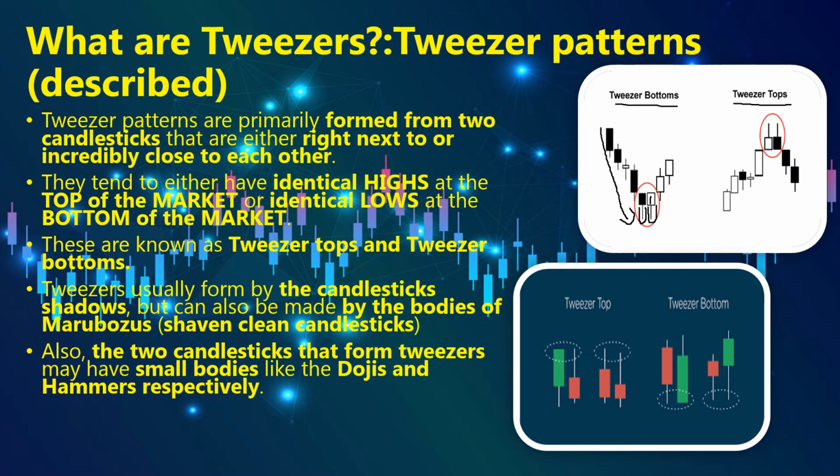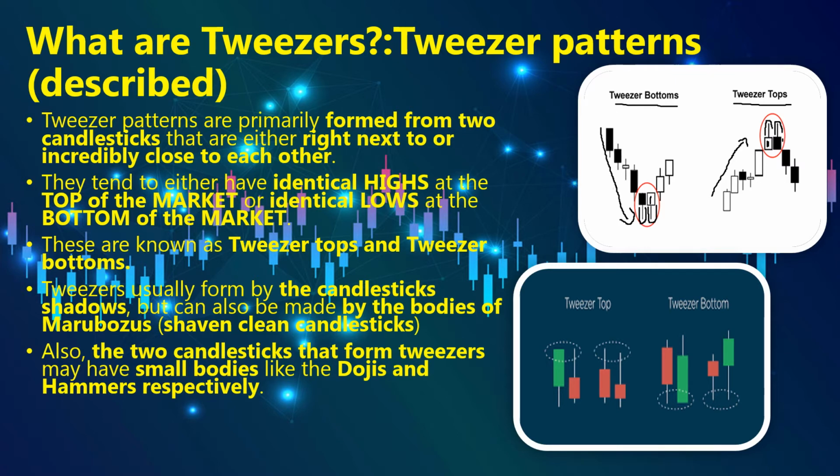And the other one, tweezer tops. At the end of an uptrend, you see a bullish candlestick with an upper shadow, followed by a bearish candlestick with an upper shadow. That's tweezer tops.